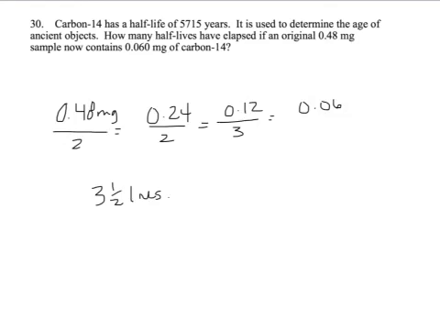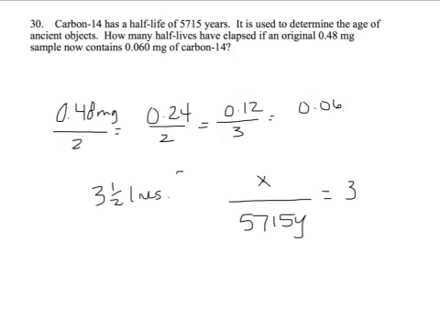Okay? Well, according to the formula, I know the known half-life is 5,715 years. I do not know the amount of time that has elapsed, but I do know that this is 3 half-lives. And so what I'm going to do is rearrange this problem to solve for x.